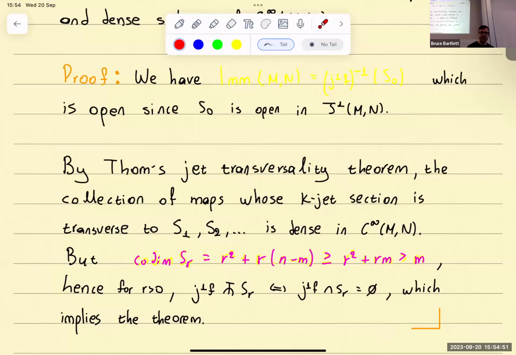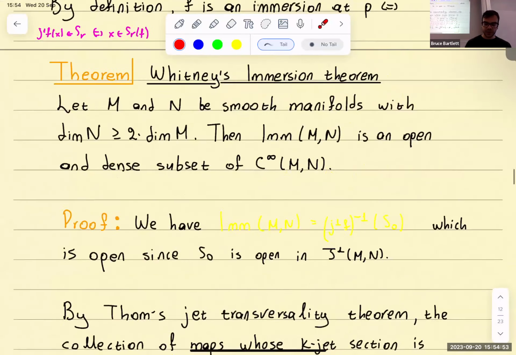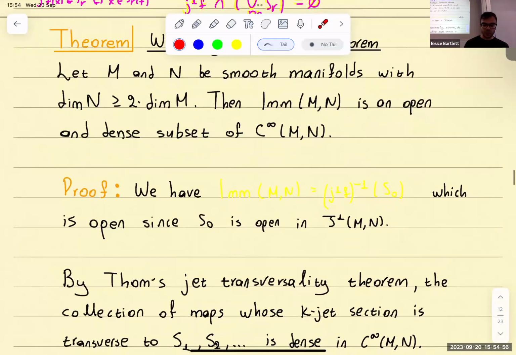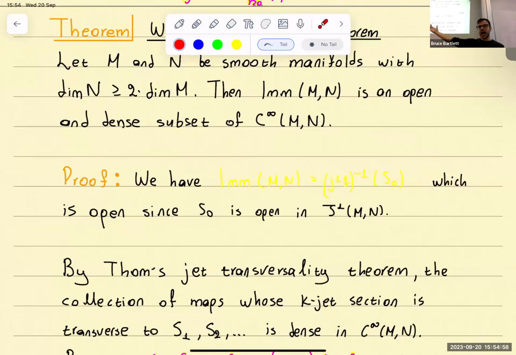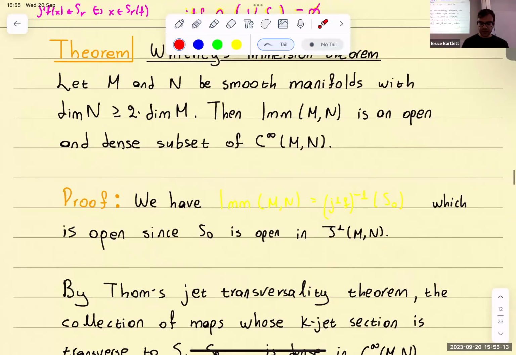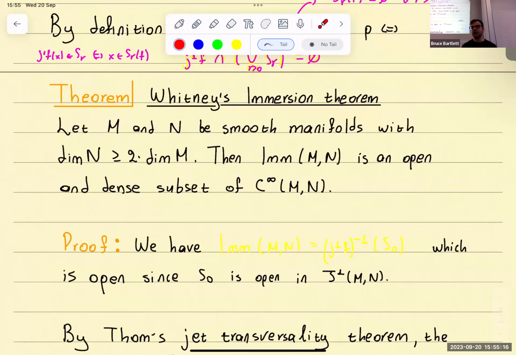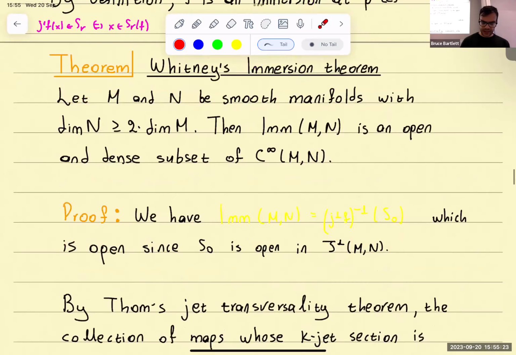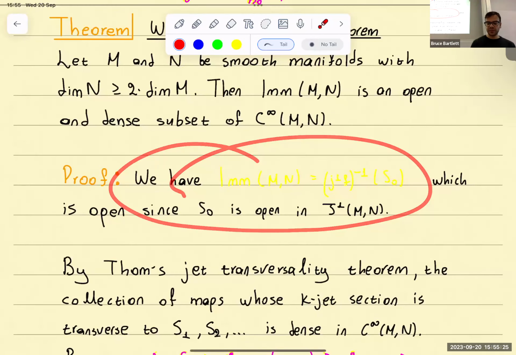So generically, a smooth map from M to N, when N is of high enough dimension, will not intersect S_R for R greater than 0. And that's exactly what it means for it to be an immersion. I think that's actually what I was trying to write here.